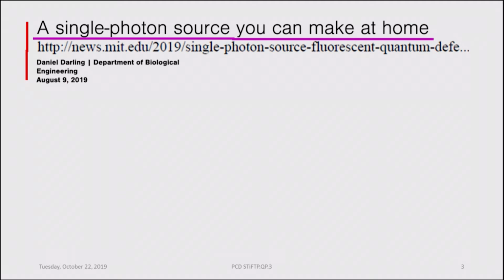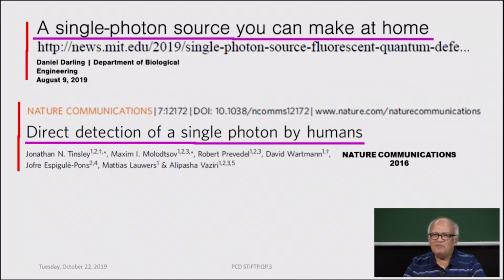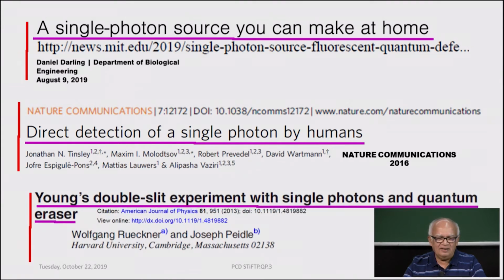So, here is a reference to a paper, a single photon source that you can make at home. Then here is another reference, direct detection of a single photon by human eyes. So, here is another reference in Nature Communications just a few years ago. So, look it up, and then there is another nice paper in the American Journal of Physics on Young's double slit experiment with single photons and quantum eraser that I will suggest that you read up.